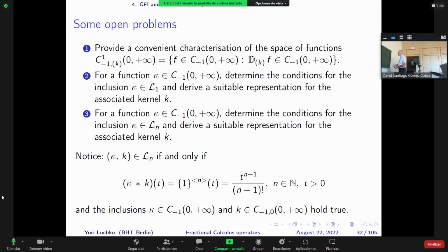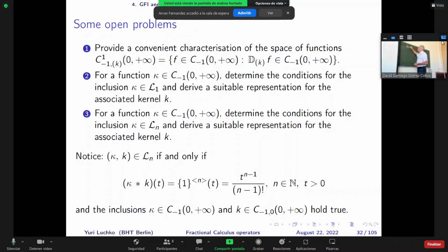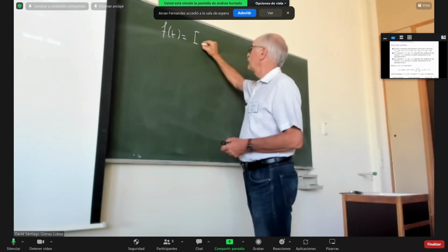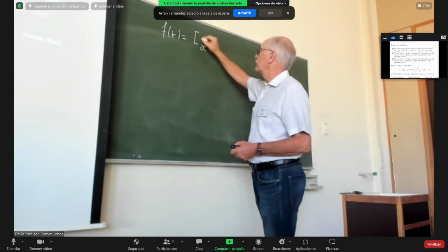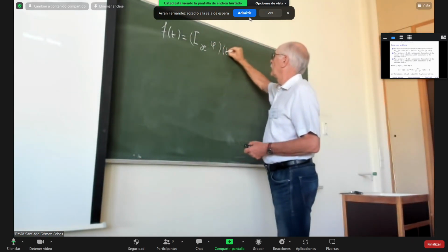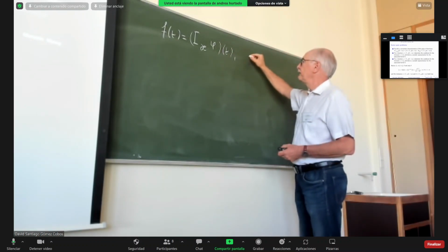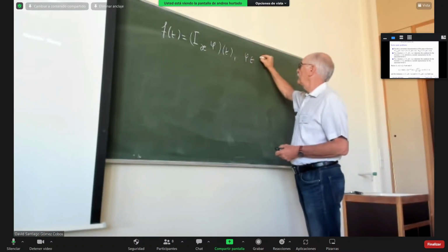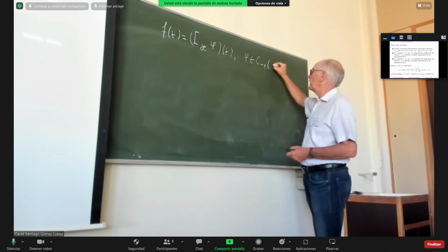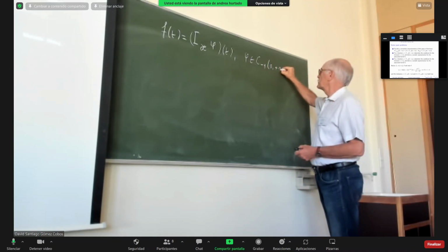Of course, we can say that the functions in the form of a general fractional integral of a function phi at the point t, with a function phi from the space C_{-1}, belong to this space.